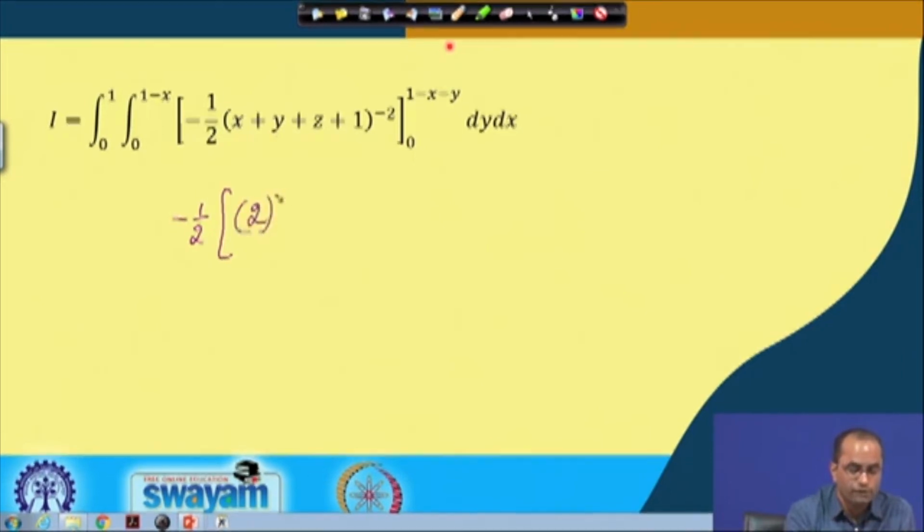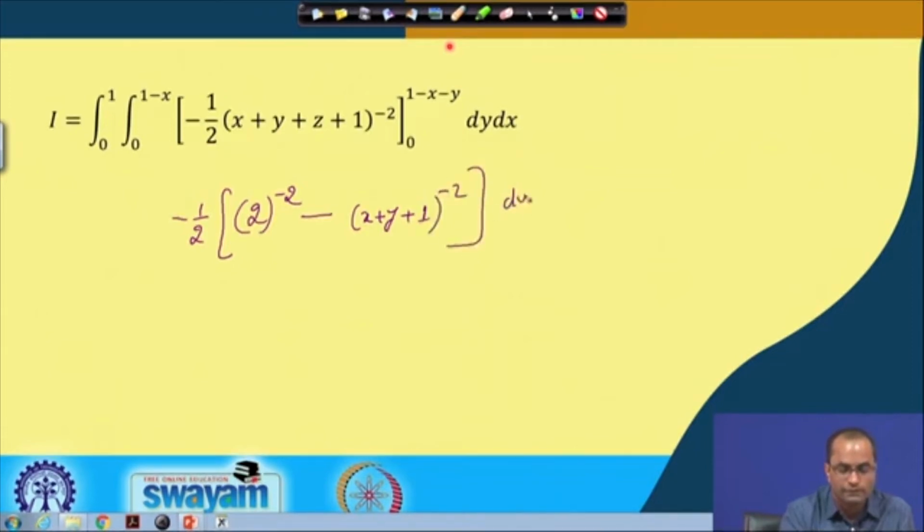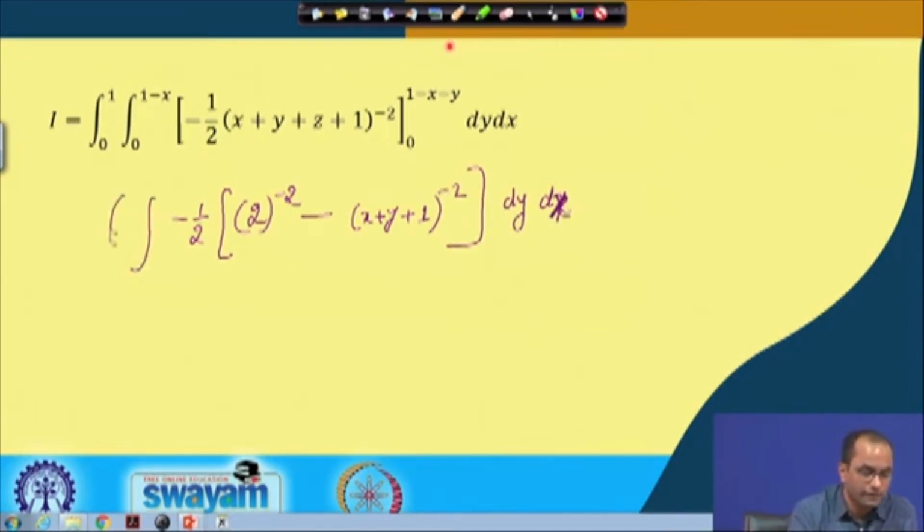So we will have 2 to the power minus 2, and then minus, where z is set to 0, x plus y plus 1 to the power minus 2, and then we will have dy and dx, with the outer integrals 0 to 1 and 0 to 1 minus x. So we can simplify further.